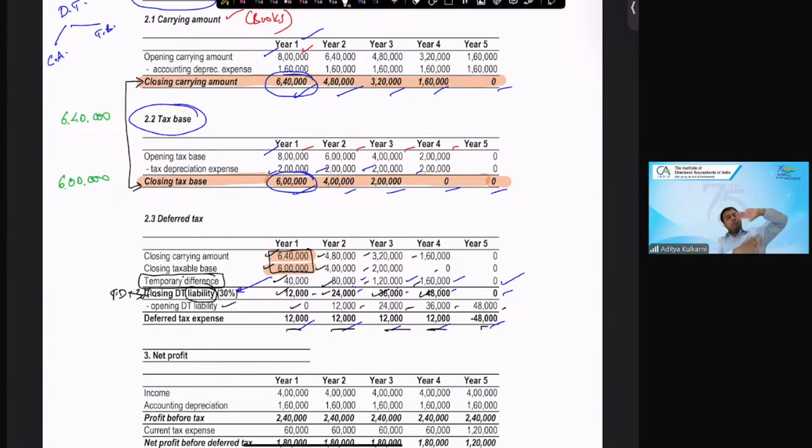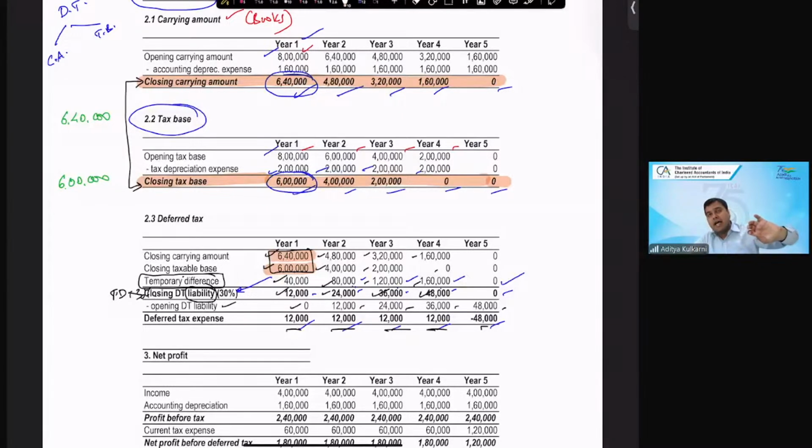Against the future profit of 10 lakhs, I can use only 6 lakh as a deductible tax expense. Yes or no? Priyanka, are you following? In the future, I can only adjust 6 lakhs. Yes or no? Yes, sir.